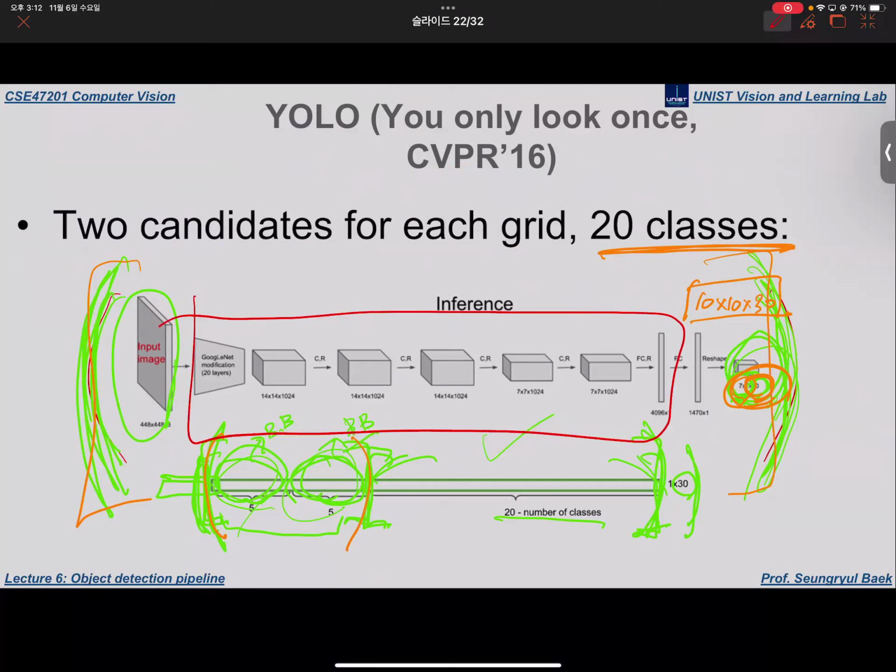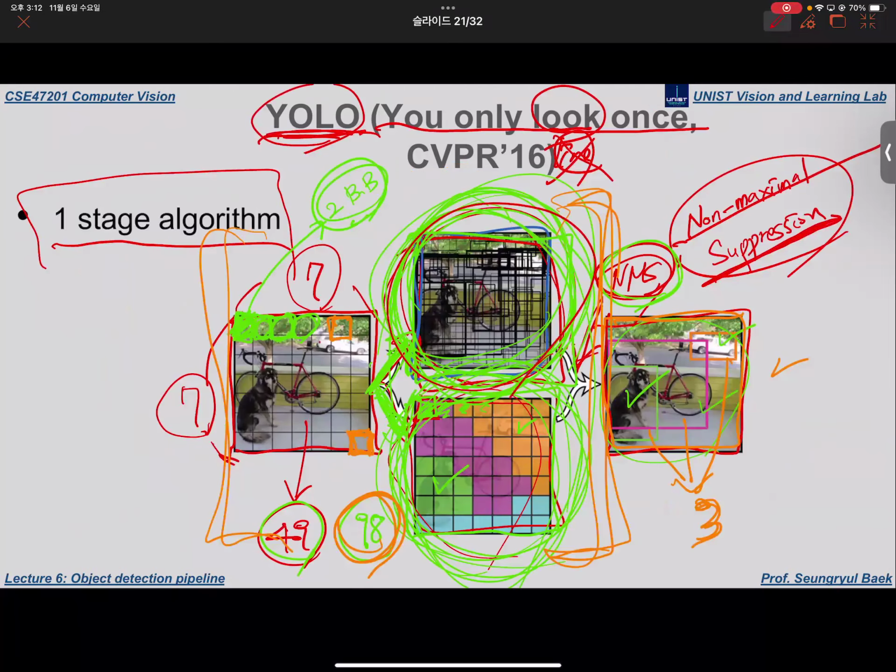Using this, given one image, you will estimate this dimensional array. You can, of course, change the dimension by manipulating the hyperparameter, but for this setting, this dimensional array is estimated from the image. Then you can get this amount of bounding boxes and the probability for each region.